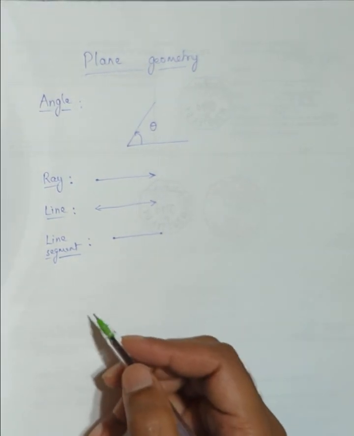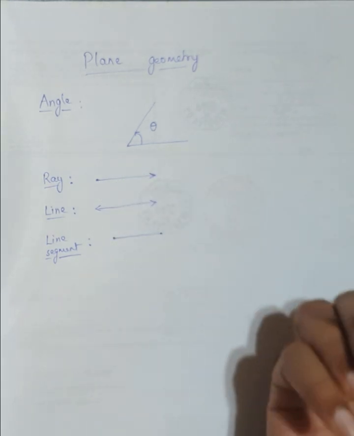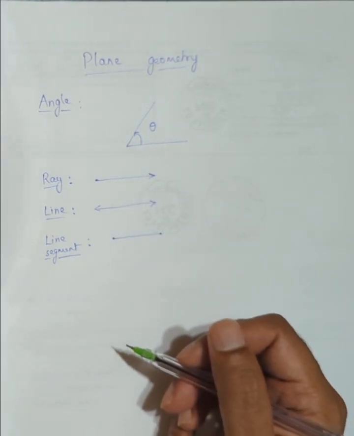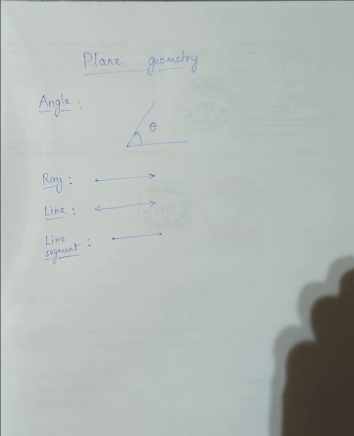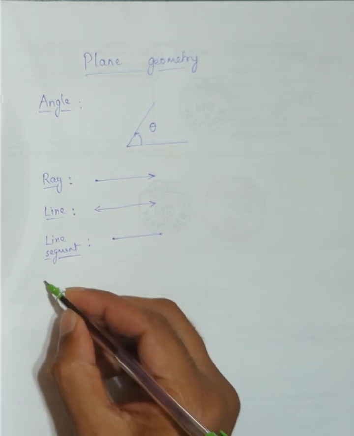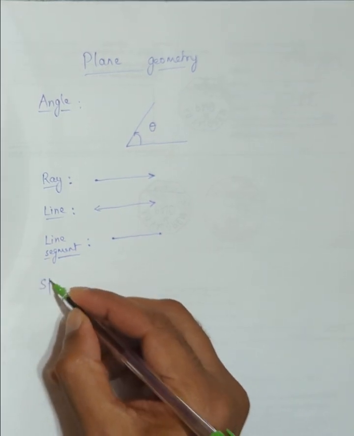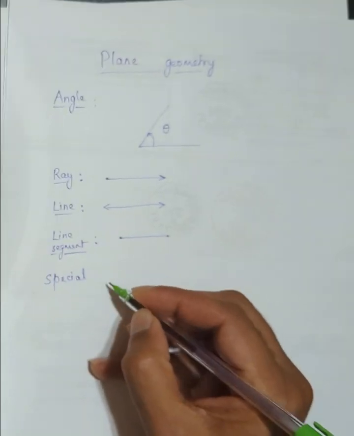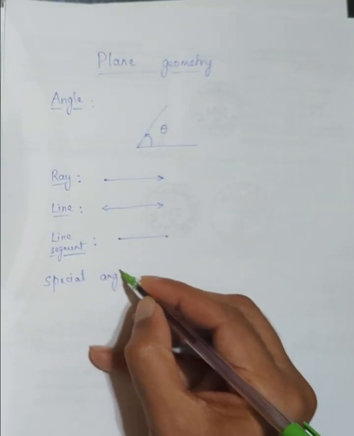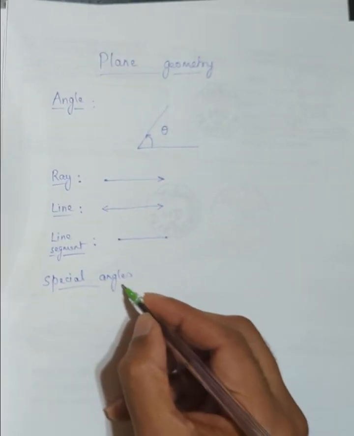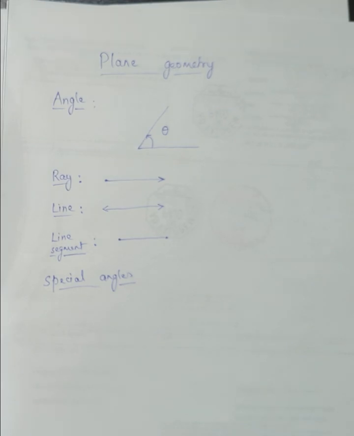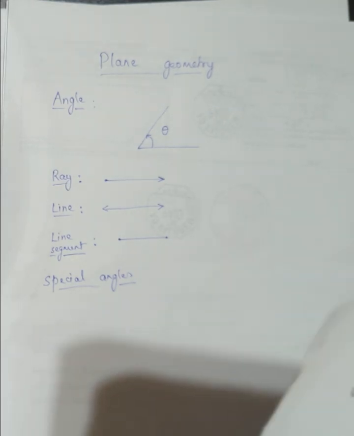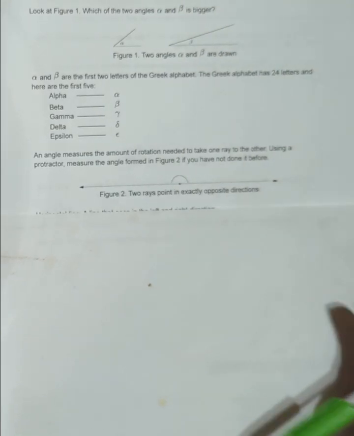So now that we have talked a little bit about angles, let's discuss some special angles. Some angles are special. They have their own terms. And here is the first one.